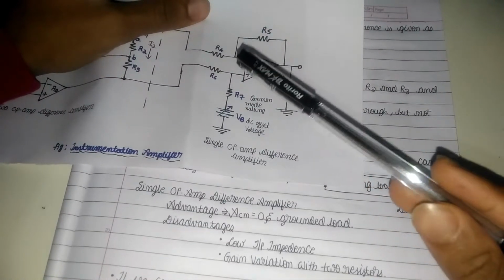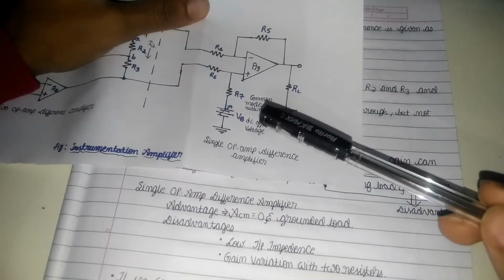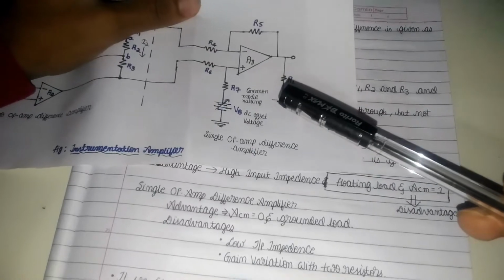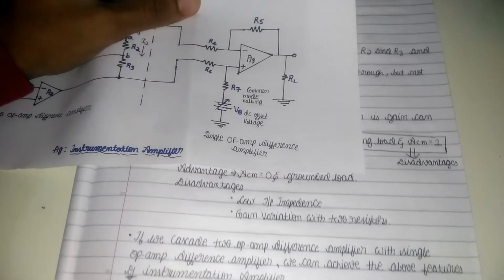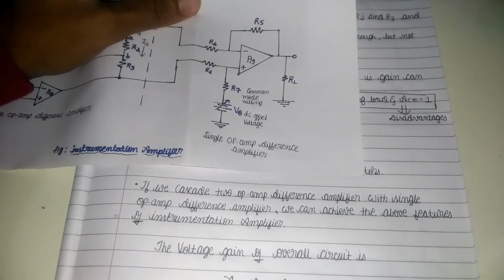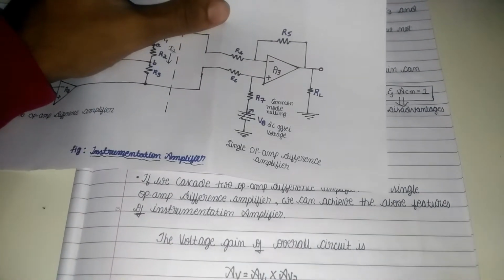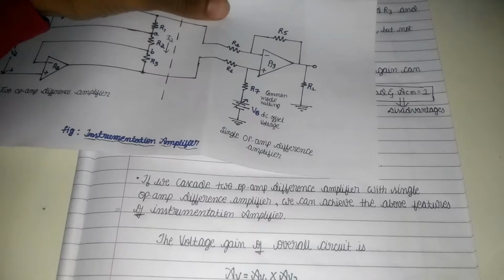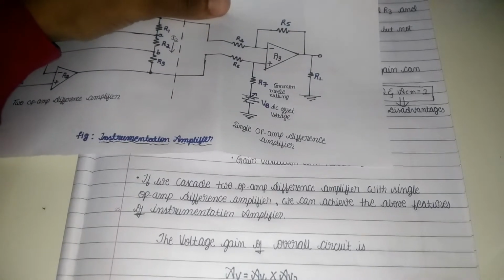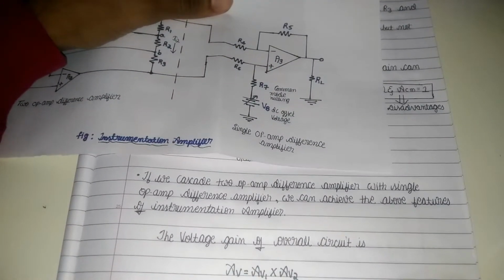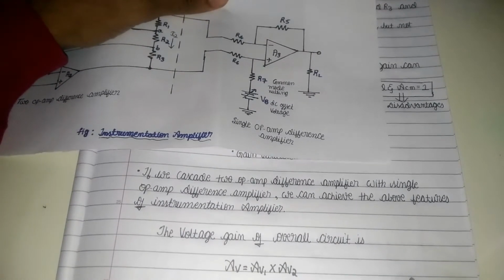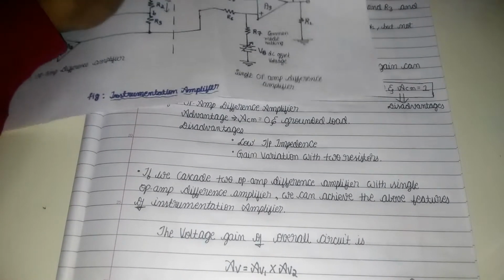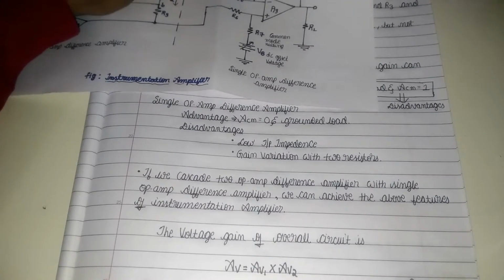It has very low input impedance, and the gain variation is done with two resistors. In the two op amp difference amplifier, the gain variation is done by only one resistance R2, but here the gain variation is done by two resistors, and this is one of the disadvantages of the single op amp difference amplifier.